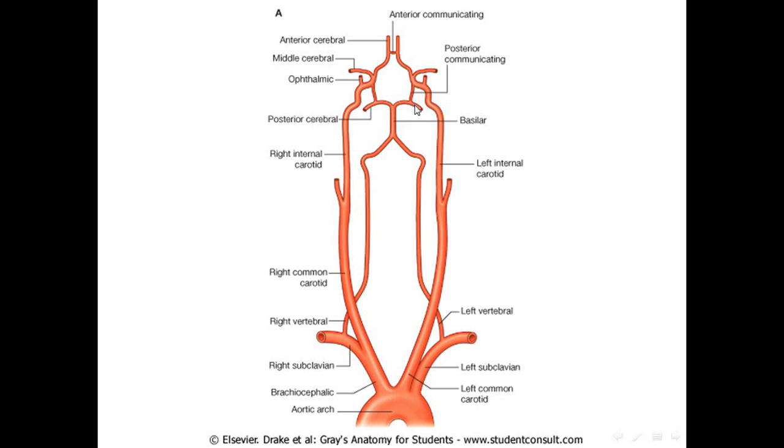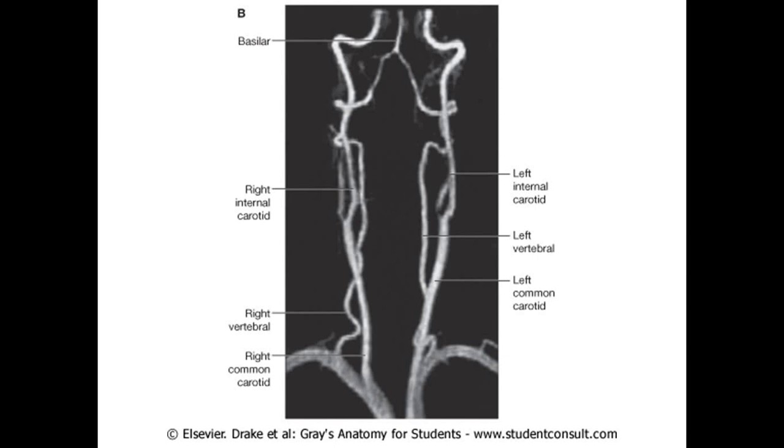Then here they bifurcate to supply the posterior circulation of the brain. This is the image. This is left subclavian, left common carotid, brachiocephalic, right common carotid, right subclavian. Then these are the left and right vertebral arteries.